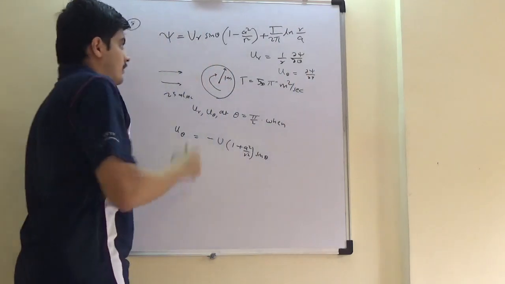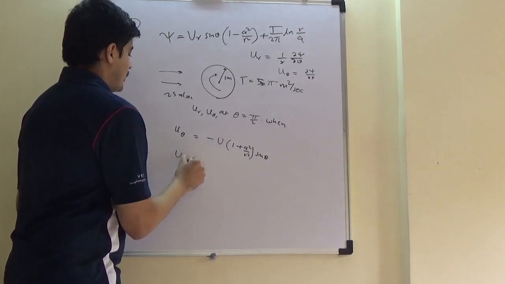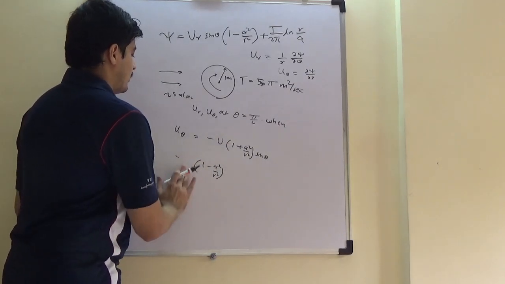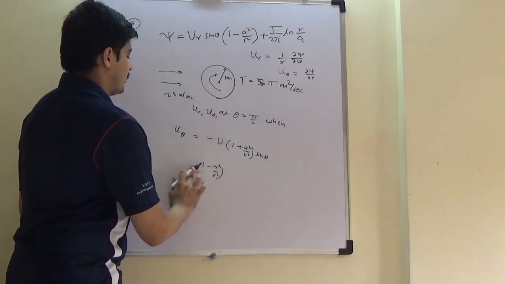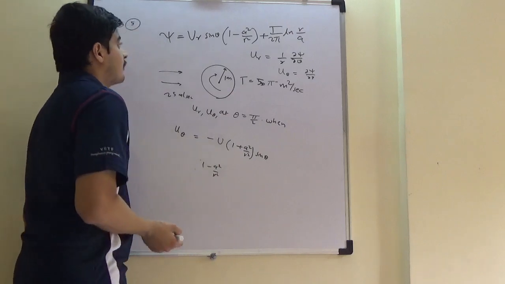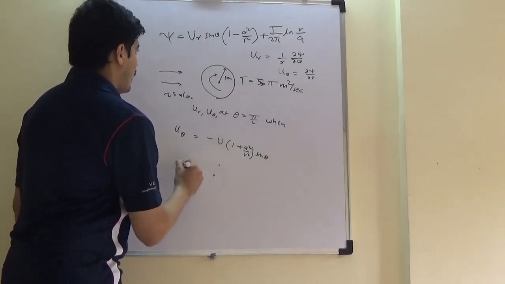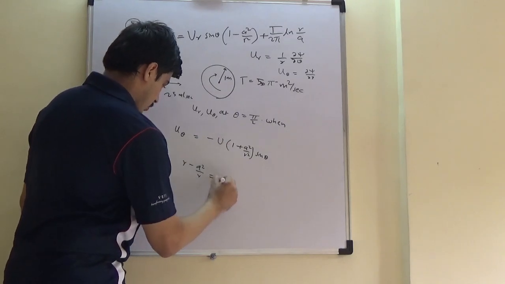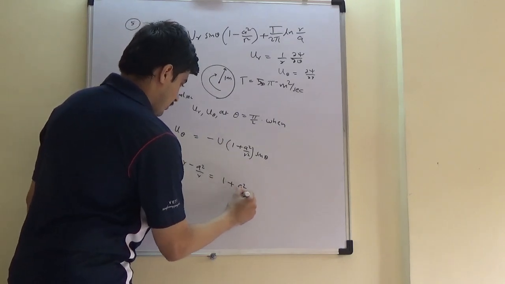What would be U theta? Is it simple? Try this one. U sine theta, 1 minus a square upon r square. Sine theta is always out anyway, so we could say it is a partial differentiation, or the simple way to differentiate is r minus a square upon r. What would be the differentiation? 1 plus a square upon r square.